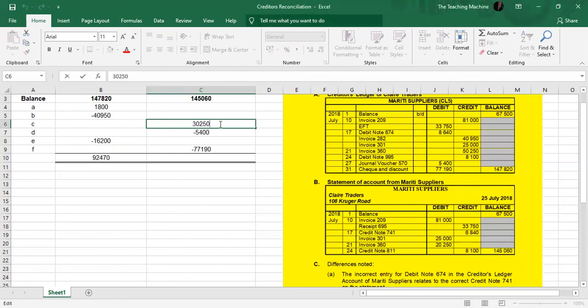Okay, this is supposed to be 30,000 because remember, 50,250 minus 20,250 is 30,000. So we have made an error here. It's supposed to be 30,000.